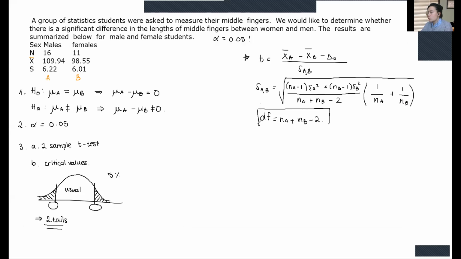So we said the degrees of freedom, the row that we're going to look at in the t-table, is given by sample size for the first sample plus sample size for the second sample minus 2. And so in this case, the degrees of freedom are going to be sample size for the first sample, that's 16, plus sample size for the second sample, which is 11, minus 2. And this gives me 27 minus 2, which is 25.